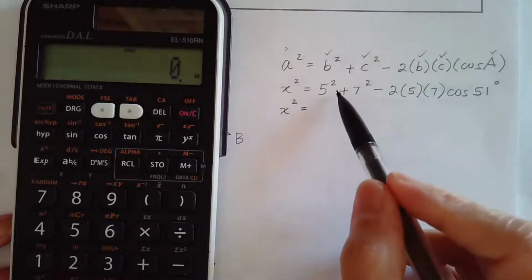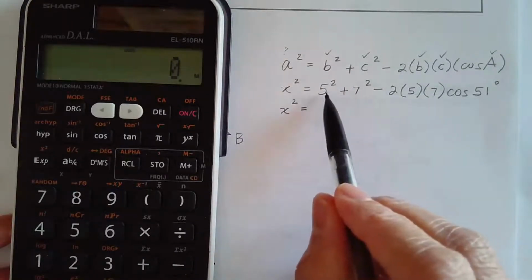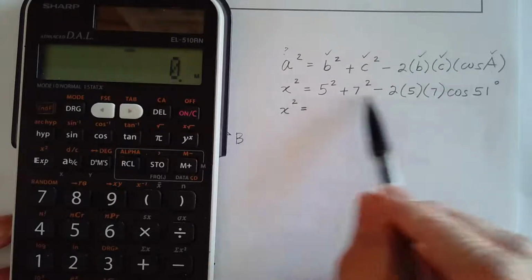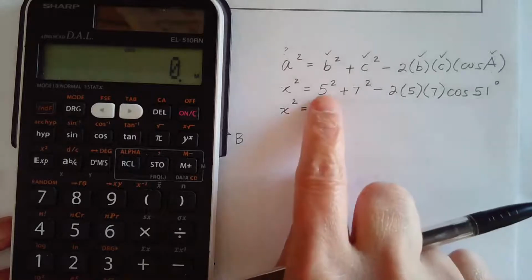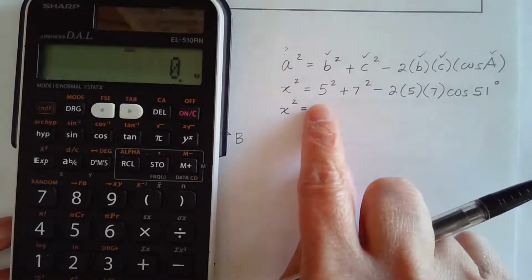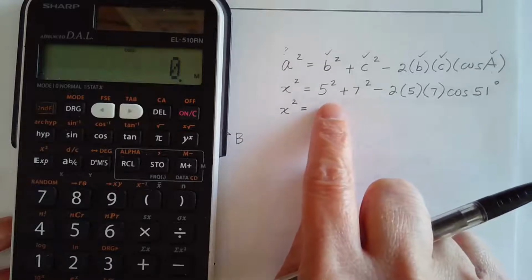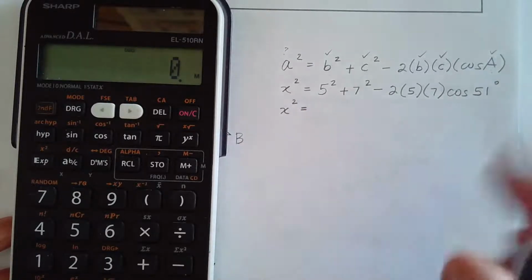If you're typing this onto our calculator, we might be able to just type everything in. I'll do it all at once, and then we're going to get one number. Don't press the equal sign until the end.